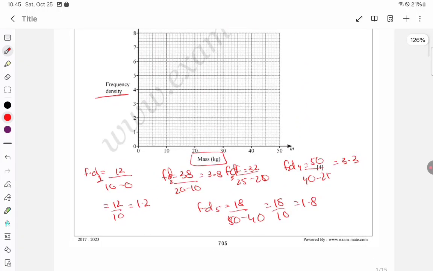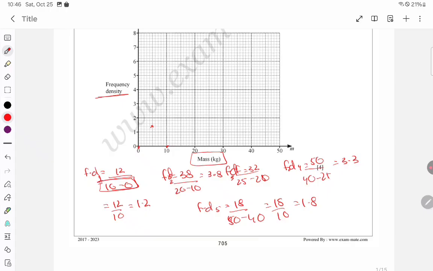So for the smallest one, this is our mass limit, from 0 to 10, with frequency density 1.2, which will be somewhere here.